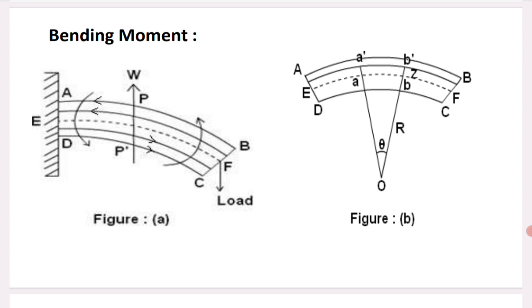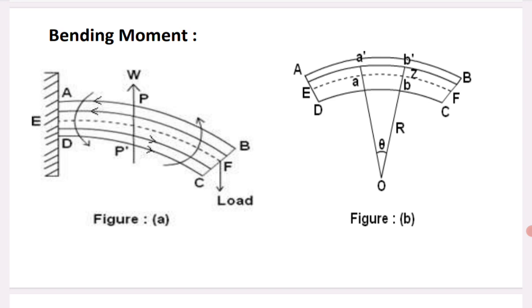When it is loaded, it moves down, and the restoring couple produced inside the beam is equal and opposite to the external couple. EF indicates the neutral surface, the dotted curve, which is neither elongated nor compressed, so called the neutral axis or neutral surface.